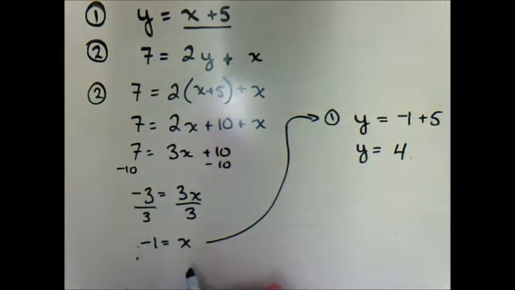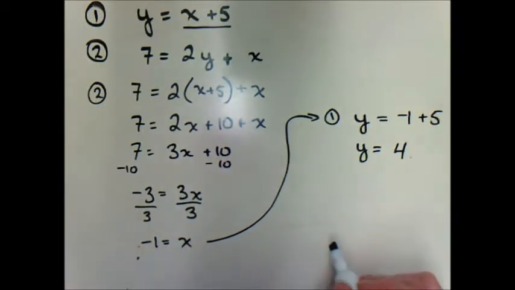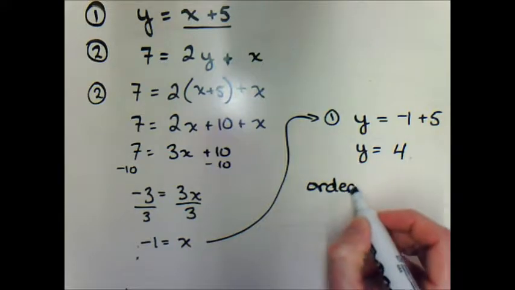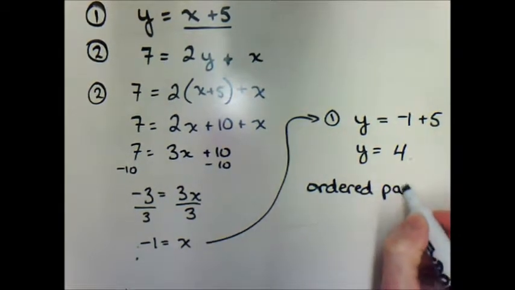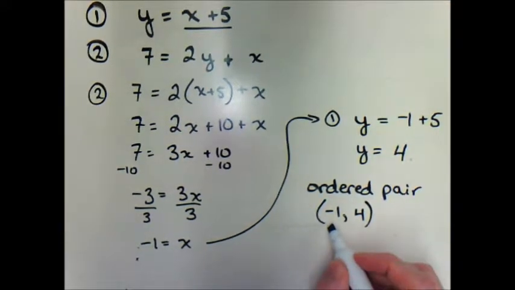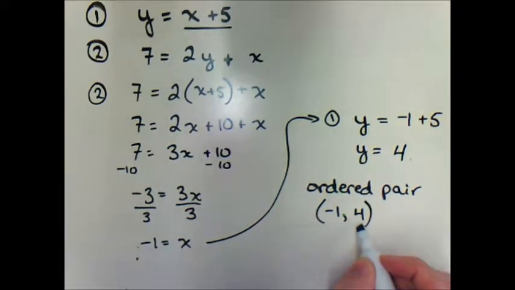So the solution for this linear system is x equals negative 1, y equals 4. And remember, if we needed to write that as an ordered pair, it would look like this. Negative 1, comma 4. That's x, y.